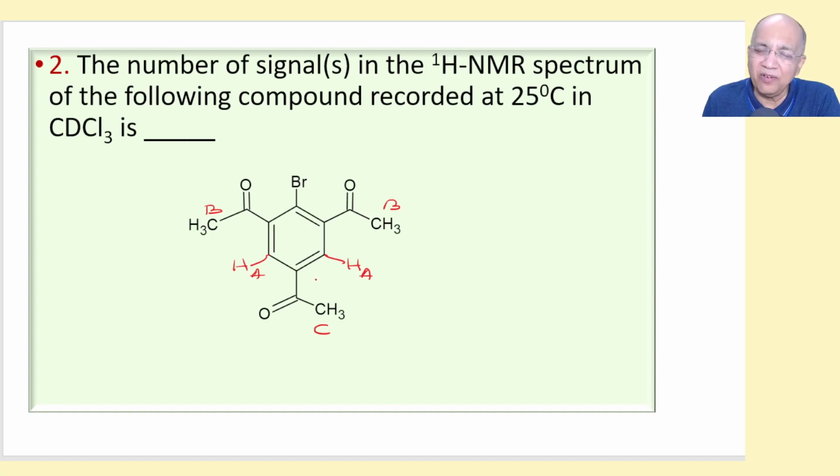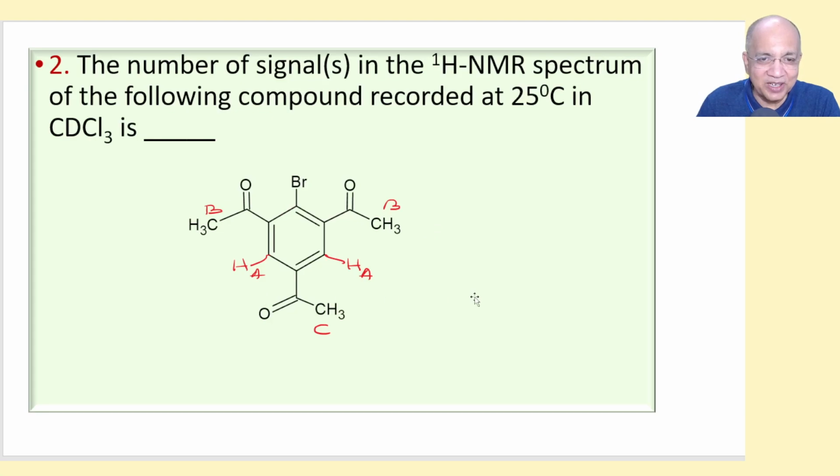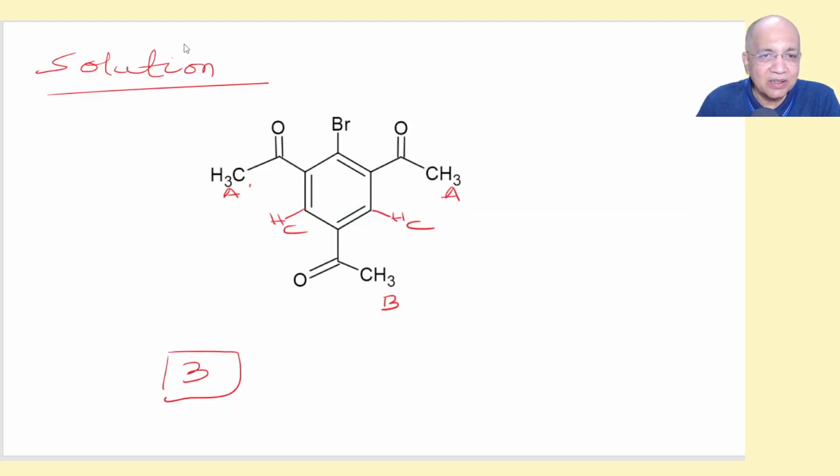You can find out the predicted value by using the correlation table, but we are not bothered about that in this question. So the answer is 3. This is A, this is C. I have given different letters here, but it doesn't matter. You get 3 signals.